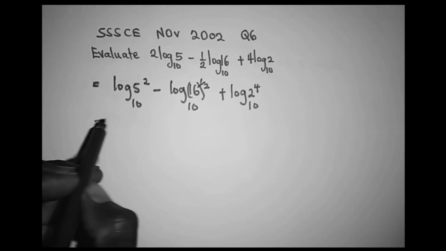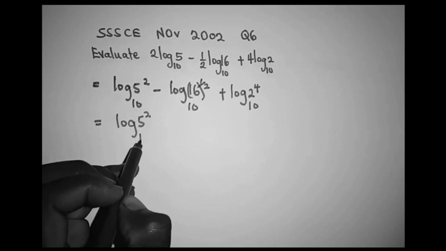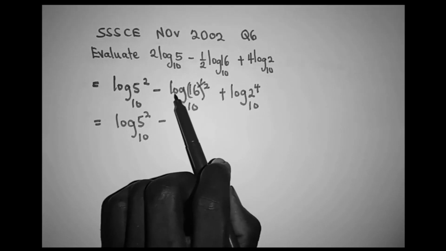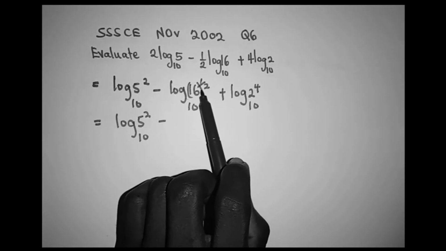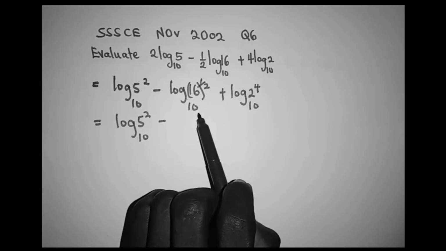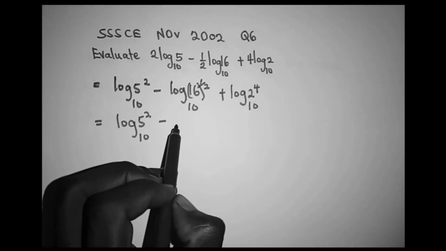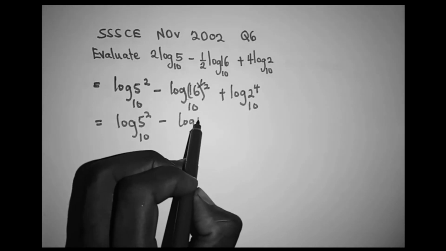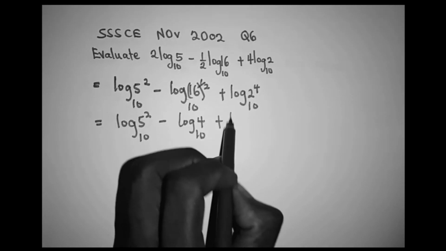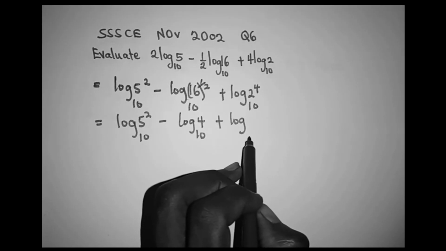So this then is equal to log 5 exponent 2 base 10, then minus log 16 exponent half. The exponent half is the same as log root 16 base 10, and root 16 is 4. So this becomes minus log 4 base 10, then plus log 2 exponent 4 is 16.